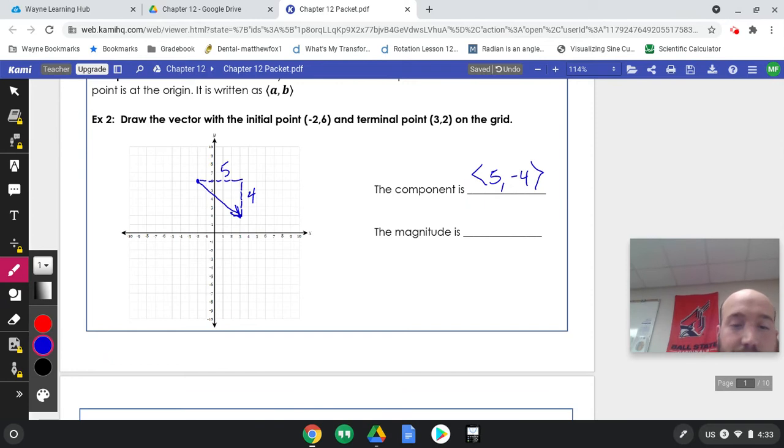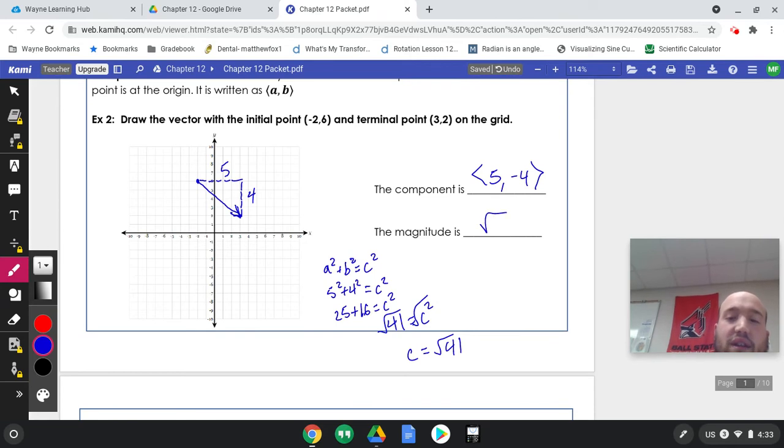So if a squared plus b squared equals c squared, we can do 5 squared plus 4 squared equals c squared. So 25 plus 16 equals c squared. 25 plus 16 gives us 41, which equals c squared. We take our square root, and c equals the square root of 41.